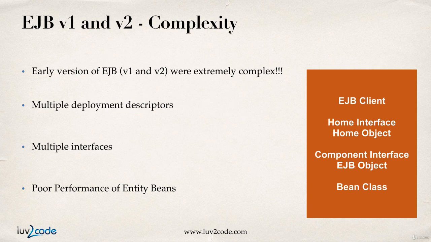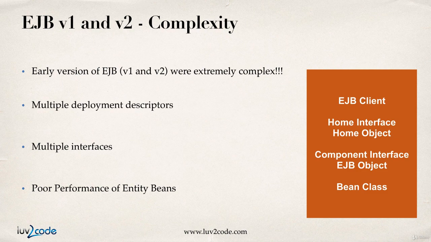You had to define multiple interfaces. So like we have in this diagram here, to create a bean class, you had to have a home interface and then a component interface. And you basically had like 3 or 4 .java files just for an actual bean implementation. So just a lot of work. It was really clunky for a developer to write all of this code. It was very tedious and very error prone.